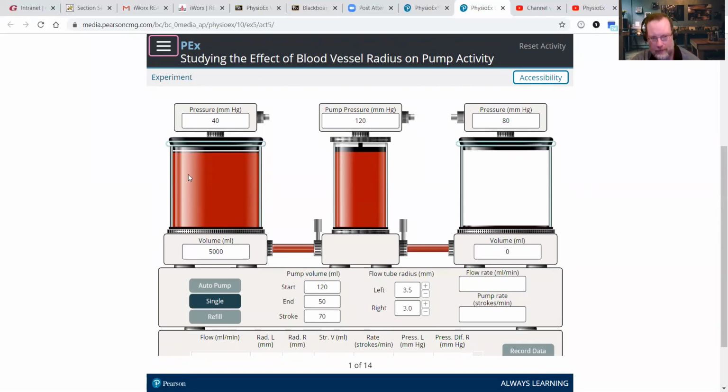We have this left beaker representing blood in the lungs. As blood leaves the lungs into the pulmonary vein and then the left atrium, we're going to get our bicuspid or mitral valve dumping into the left ventricle. Notice the pump pressure in the left ventricle is set at 120 millimeters of mercury.